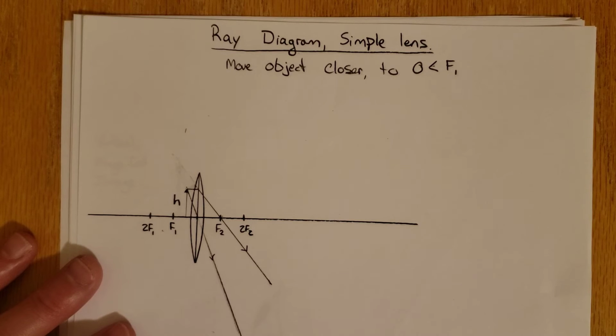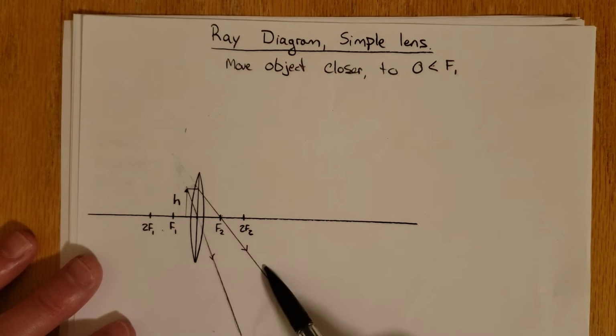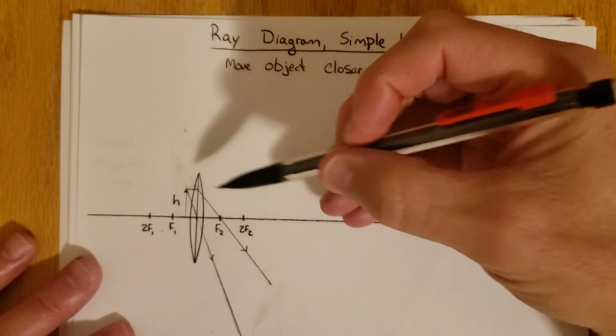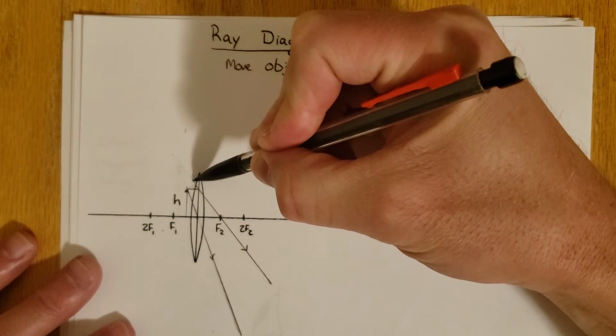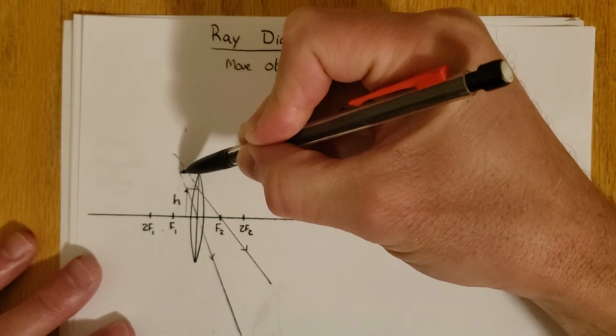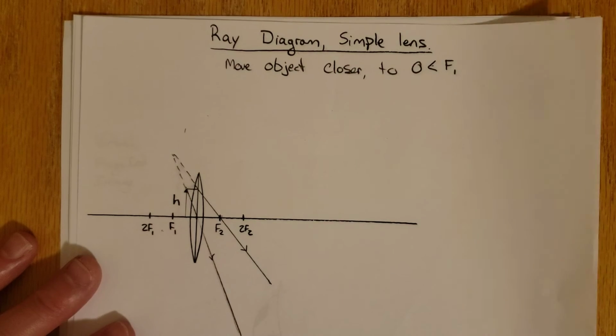Now if we draw our ray diagram, our two rays diverge and never meet on this side of the lens. However, if you trace these rays back, you'll see that they do converge on this side of the lens.